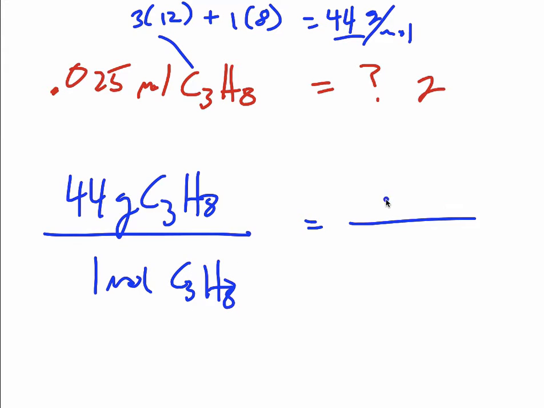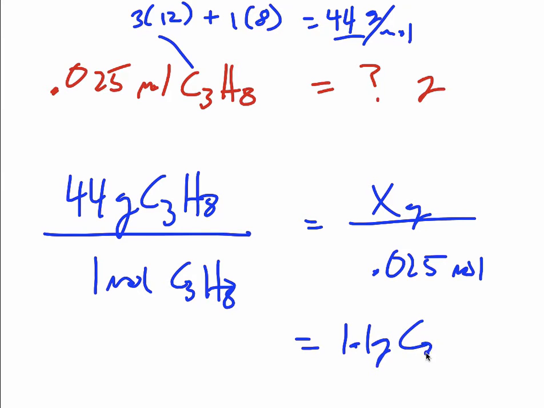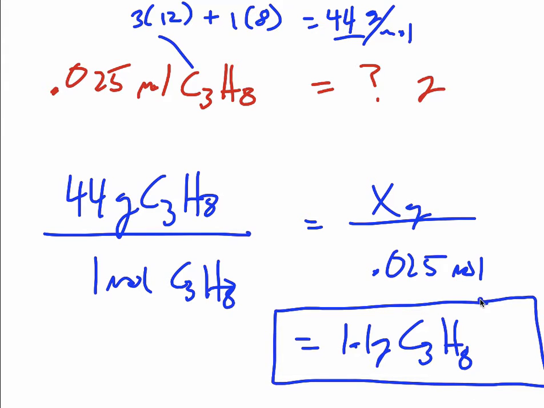In this case, I don't know how many grams I got, but I know I got 0.025 moles. So this number is going to be much less because I have a lot less than a mole. So 0.025 multiplied by 44 divided by 1 is going to be equal to 1.1. That's not my answer. Grams of propane is my answer.